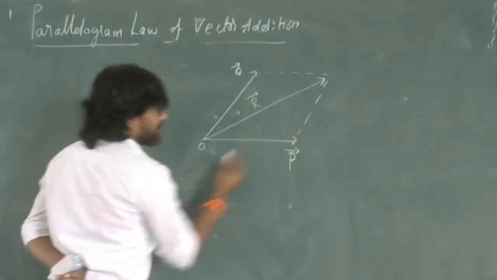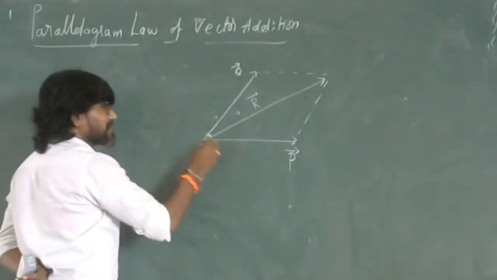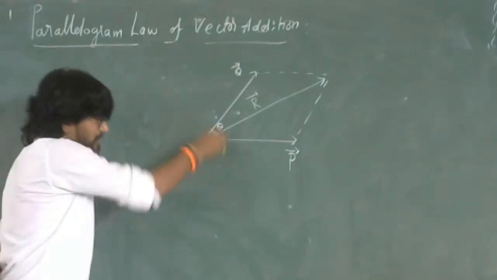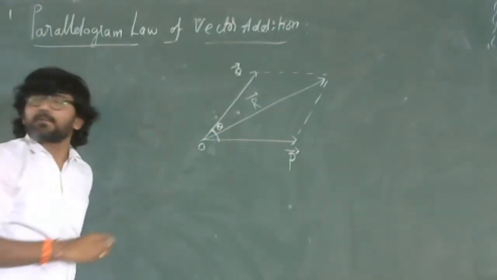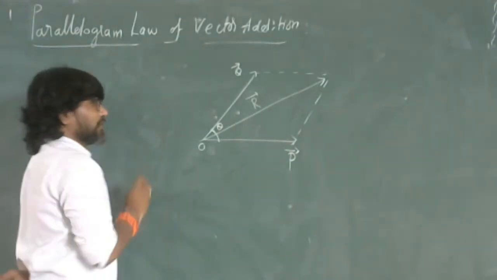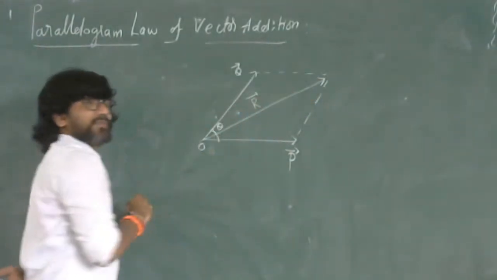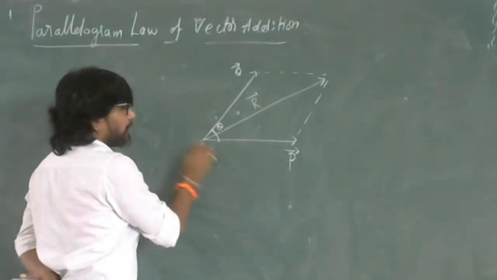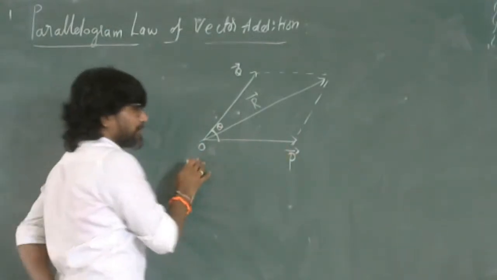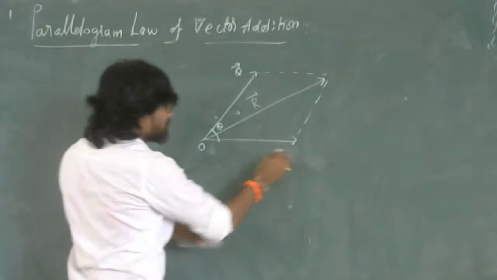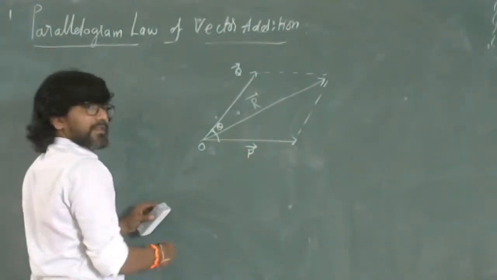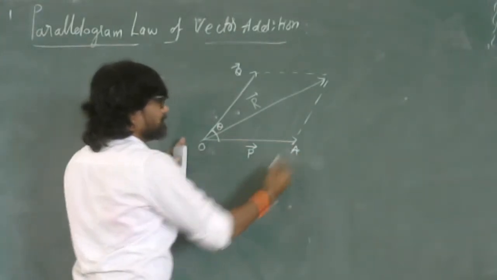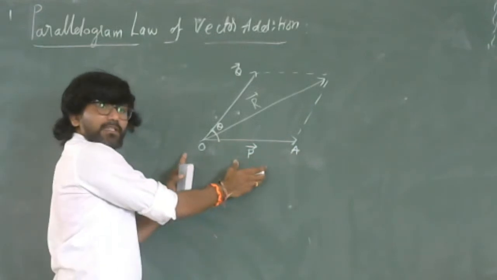Now, let us see here. P vector is our first vector, Q vector is our second vector. Let us say the angle between these two vectors is theta. Draw this and mention it in the diagram. As the resultant is the diagonal of these two, consider this point O. This point you can take as A, so OA represents P vector.